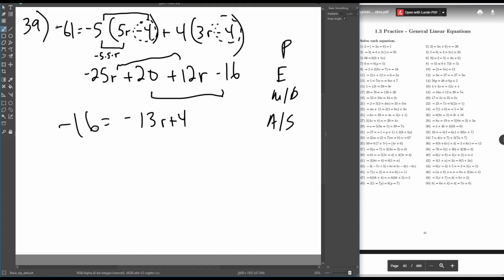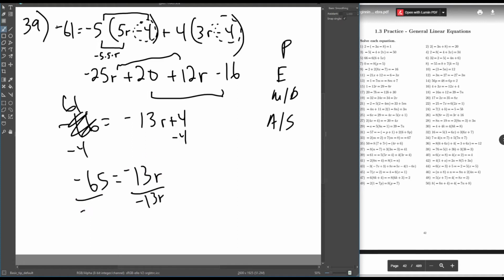All right, so to get rid of this 4, I have to do minus 4 on both sides, right? So I come out to minus 65 equals minus 13r. If you divide both sides by minus 13, if you take out your calculators, I think you should get 5. R equals 5.